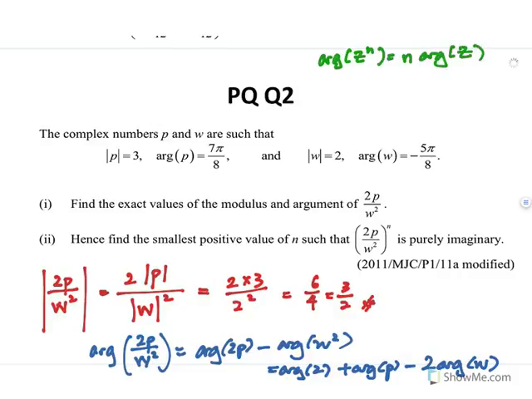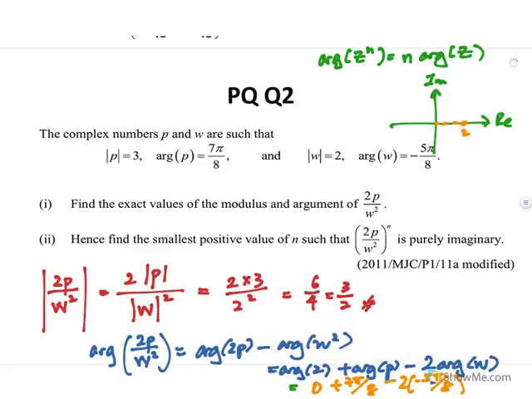And what's the argument of 2? If you recall in the Argand diagram, where is 2? 2 is just on the positive real axis, so the argument of 2 is just 0. What's the argument of p? 7 pi over 8. And what is the argument of w? The argument of w is negative 5 pi over 8, so it's negative 2 times negative 5 pi over 8.